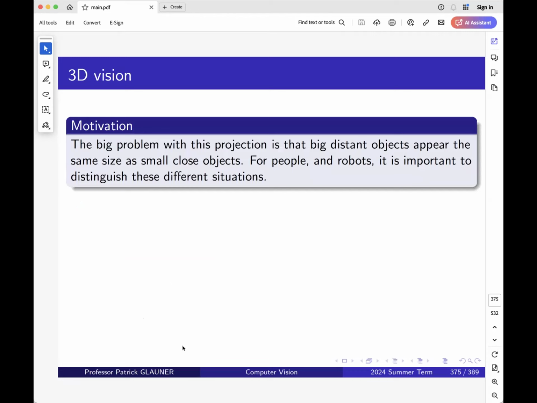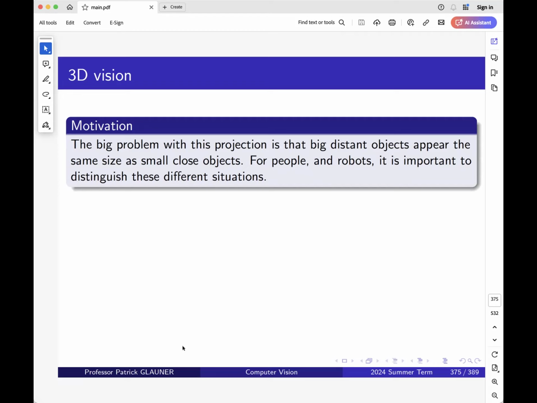One more advanced topic is 3D vision, because when we looked in the first lecture at what computer vision is, we're dealing with extremely complex inverse problems, and we're dealing with under-constrained ones because we have a 3D world and we map this to a 2D projection.